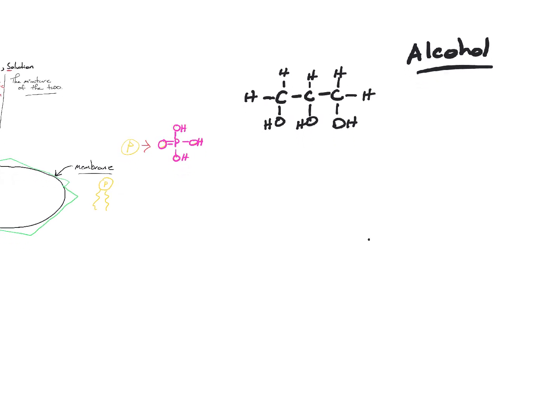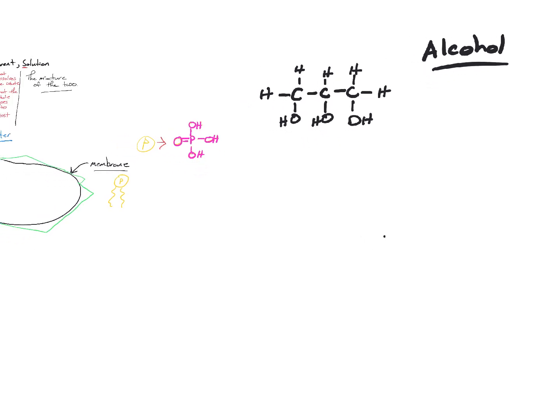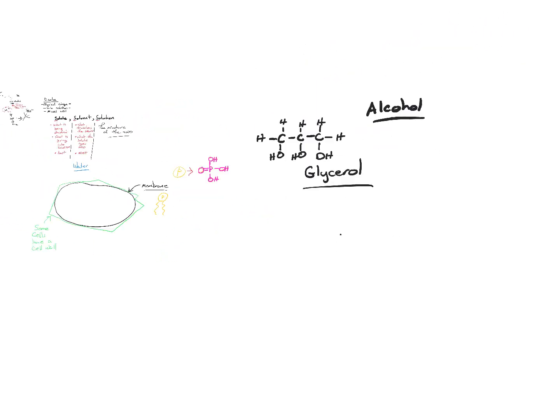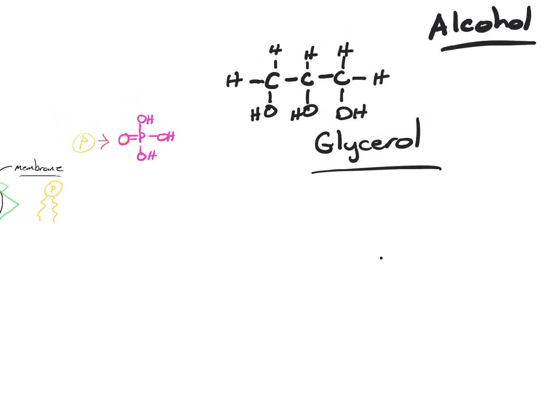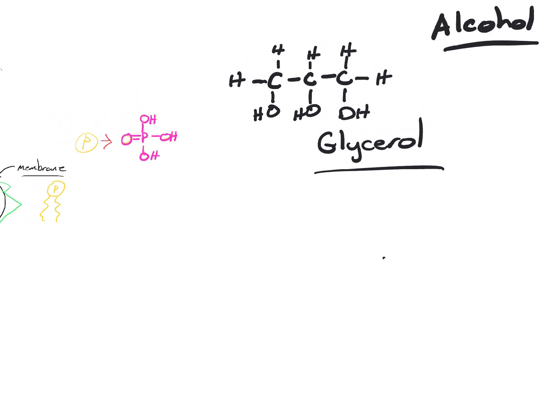This is an alcohol that's known as glycerol. The reason I'm asking you to know this is because it's involved in a lot of different biochemical pathways. It would be good if you knew it.